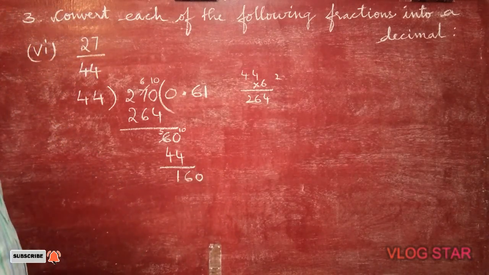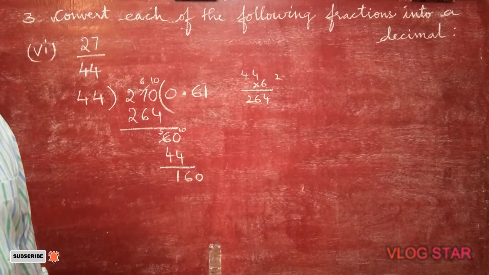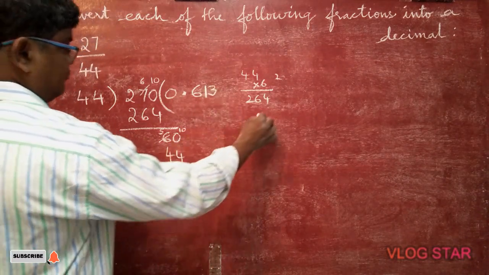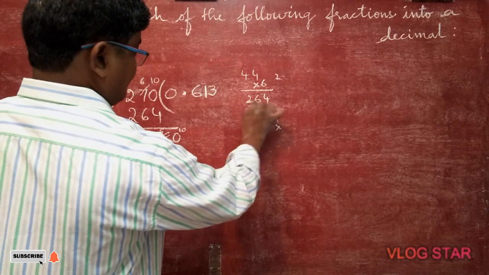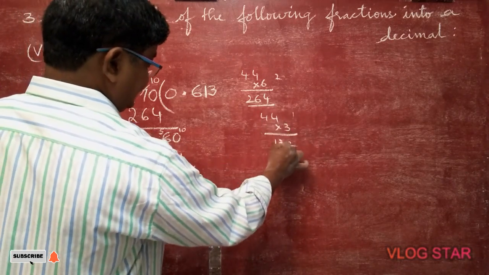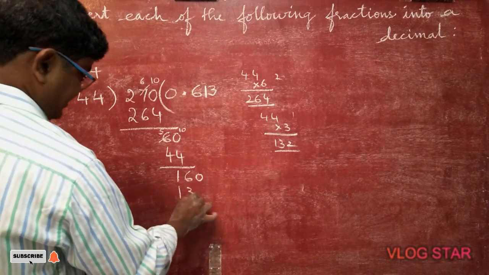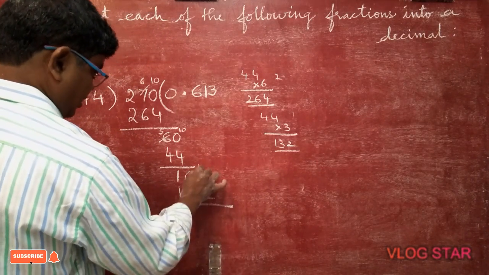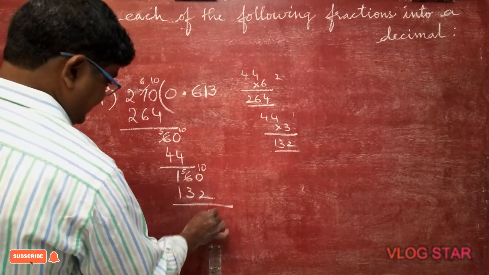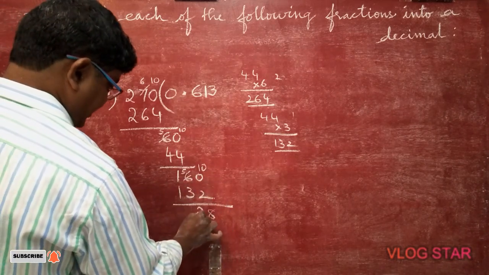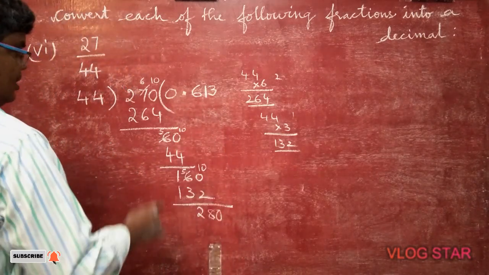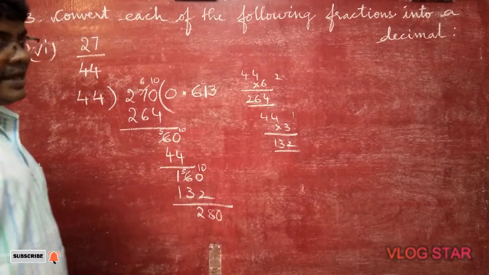How many times? 3 times. 44 threes: 12, again 12, 13. 132. Borrow. Here 5. 8. And here 2. 28. Decimal is there. Keep 0. How many times? 6 times.